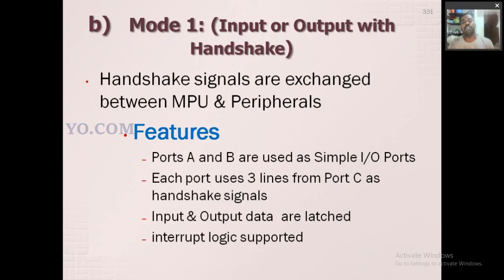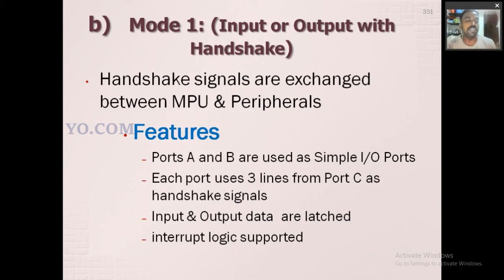Mode 1 is input output with handshake signals. The handshake signals are exchanged between the microprocessor unit and peripherals, and are used for acknowledgement and confirmation of data transfer.